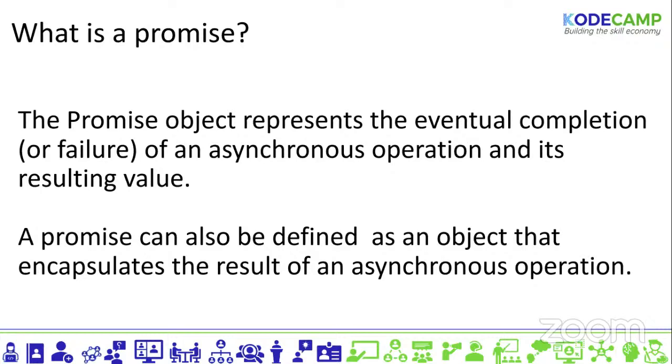We can also say that a promise can be defined as an object that encapsulates the result of an asynchronous operation. So in a simple sense, a promise is an object that has resolve and it has reject.